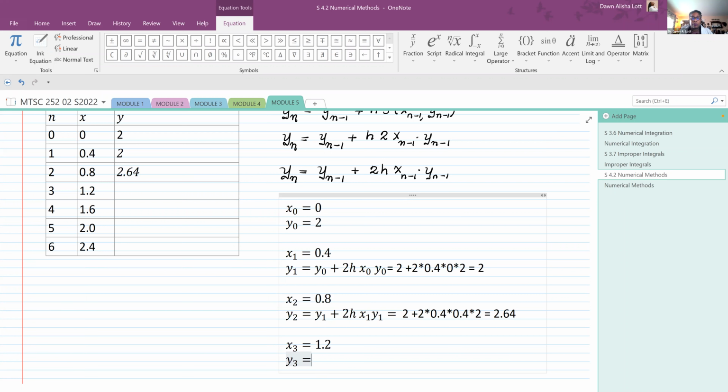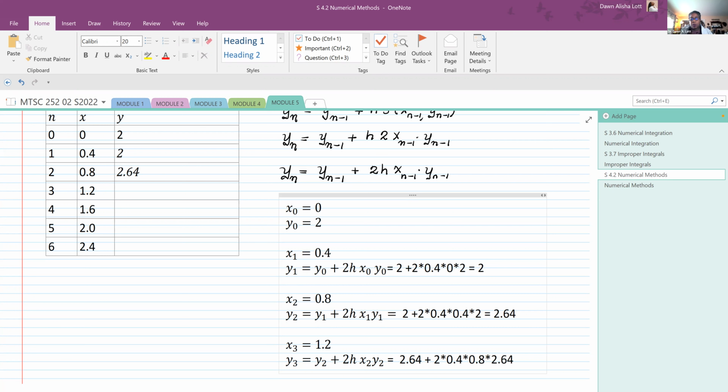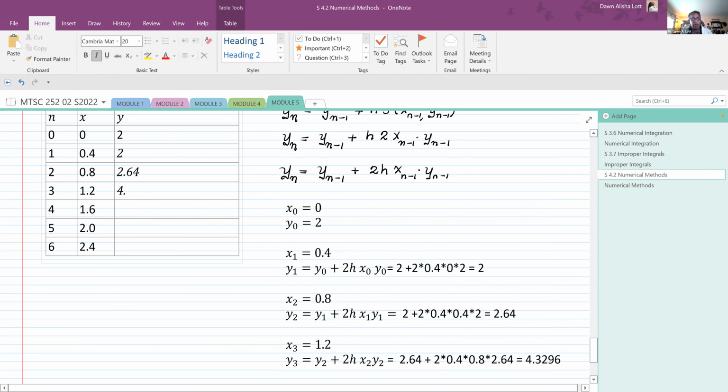This is y2 plus 2 times h times x2 times y2. So 2.64 plus 2 times h, 0.4, times x2, 0.8, times y2, 2.64. So that is 4.3296.